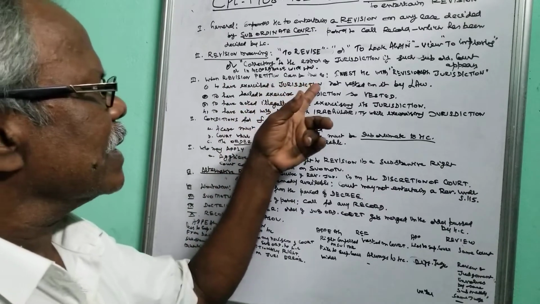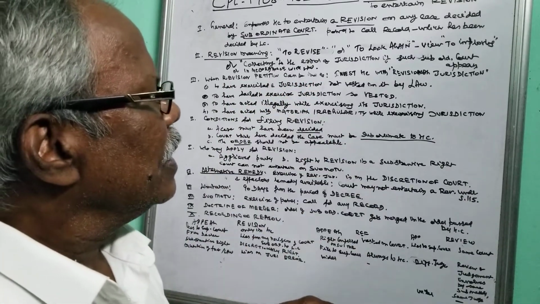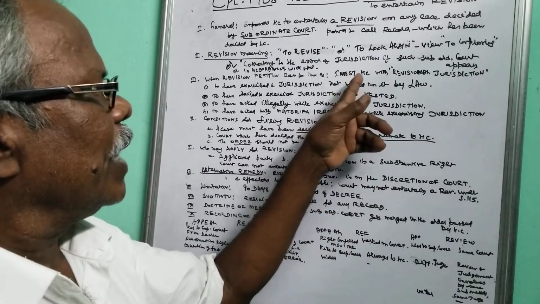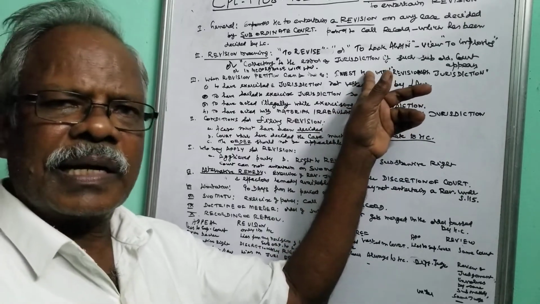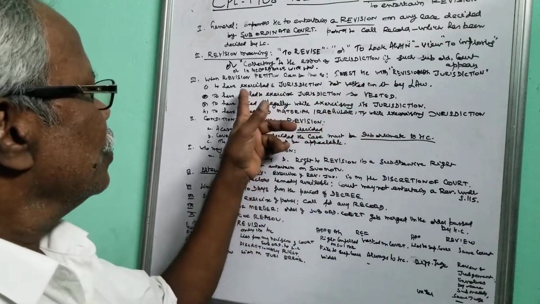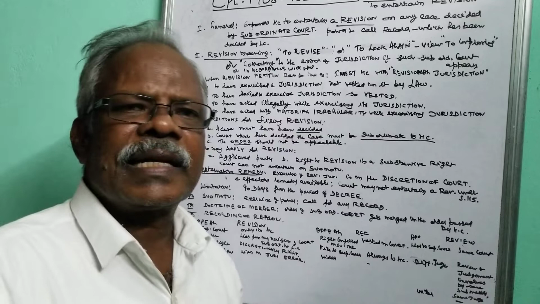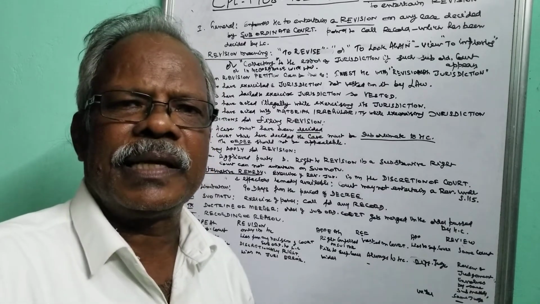When can a revision petition be taken? In case of the revisional jurisdiction, the High Court is vested with the revisional jurisdiction. So accordingly the High Court can take up the cases. What are the factors to decide the cases to be taken by the High Court?